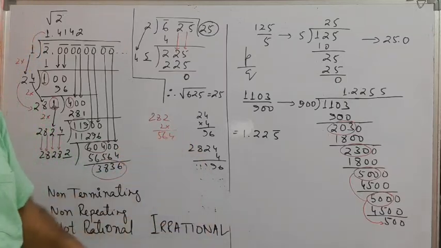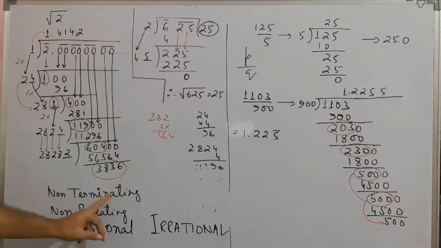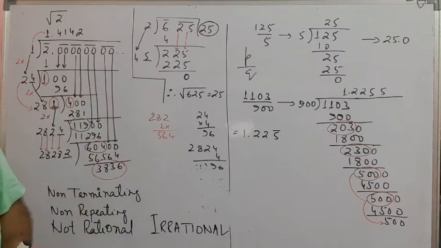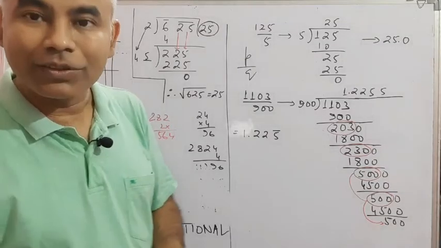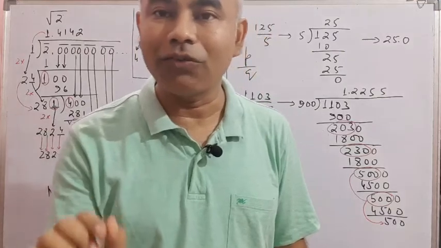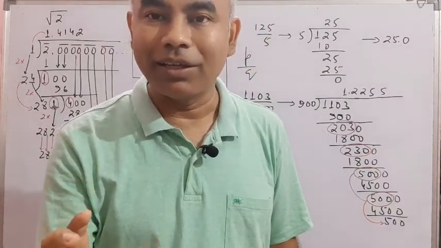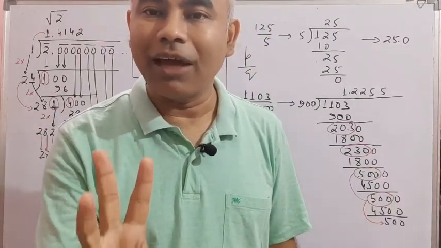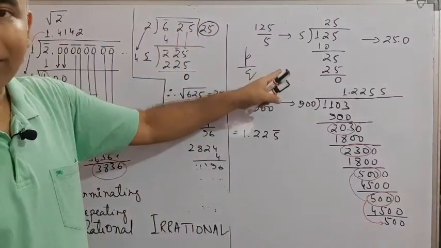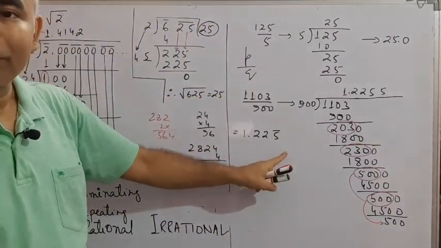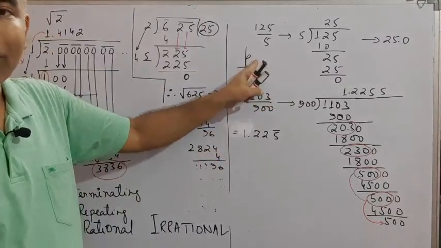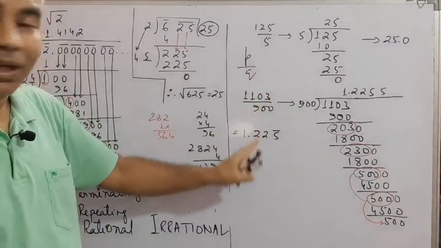So it is not repeating either. Then we say non-terminating and non-repeating. Since a terminating decimal is a rational number and a repeating decimal is also rational, and this is non-terminating and non-repeating, it is not rational. Not rational means it is an irrational number. So this is the definition of an irrational number. Okay, so we have got 3 types of decimal: terminating, and non-terminating but repeating. They are decimal forms of a number which is in the form p by q, means rational number.